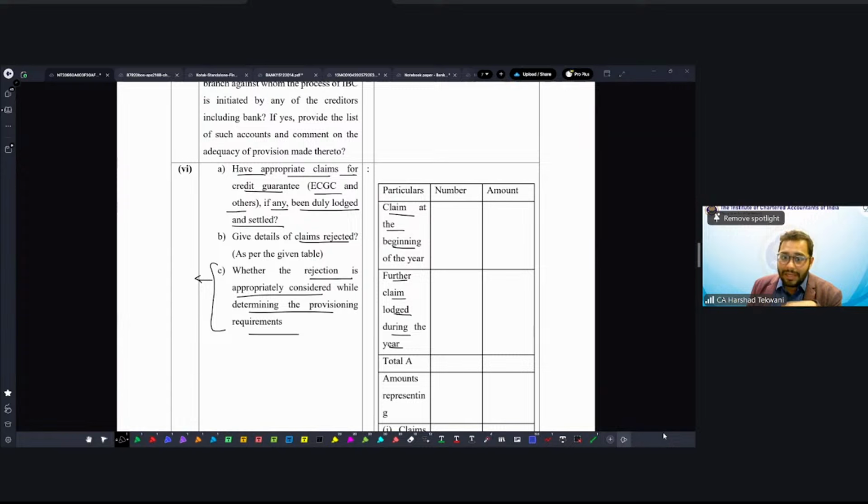So it will turn into an NPA, and then provisioning requirements will start immediately. Whatever category it is falling into, it may happen that it directly falls into doubtful, because sometimes claims take time. So you need to make sure that you are reporting those things appropriately in the LFAR also.